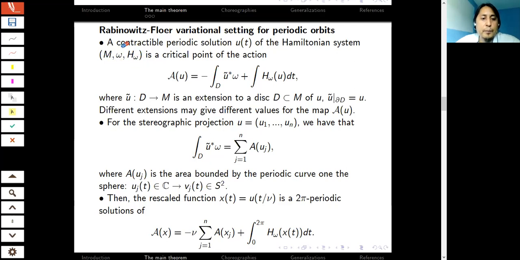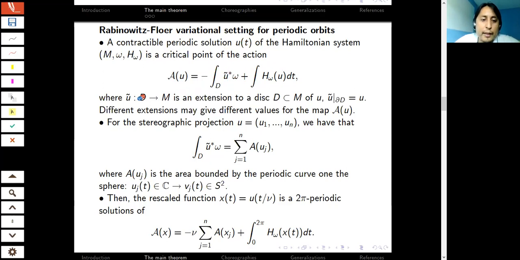For this Hamiltonian system, the periodic solution, according to the Rabinowitz-Floer variational setting, is just a critical point of the following action. It's the integral over the path of the Hamiltonian of U of t over time, and then the integral of the pullback of the symplectic form by U tilde.